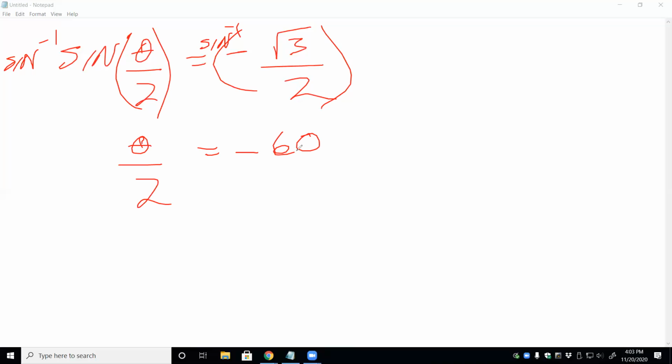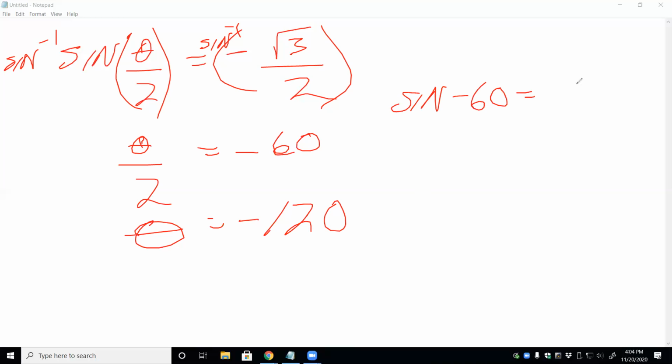So theta is just 2 times that. In other words, theta is 2 times minus 60, minus 120. Now, go ahead and plug that in. If I substitute minus 120 in for theta, then I've got the sine of minus 60, and you should get negative root 3 over 2.